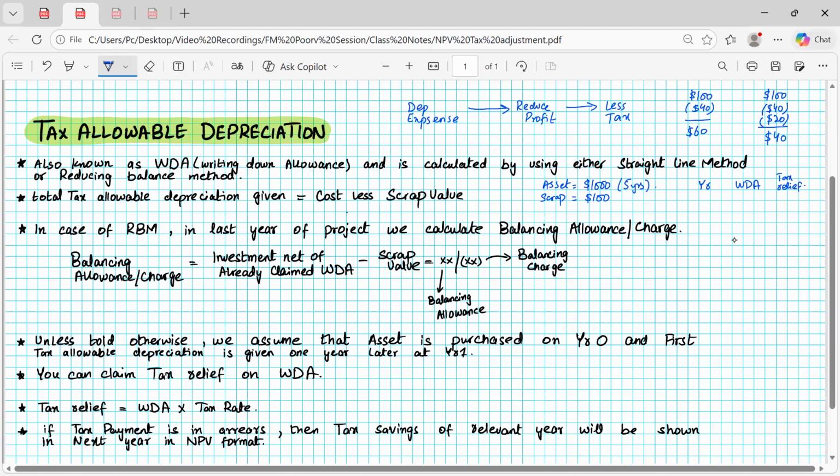So as per the straight line method, what will be the depreciation of the asset for year 1? Cost is 1000, scrap is 100, life is 5 years.